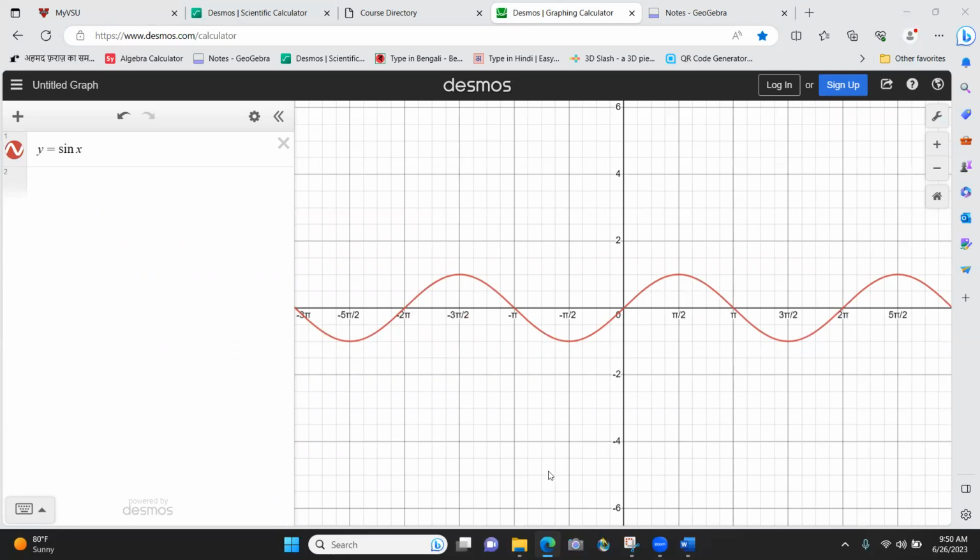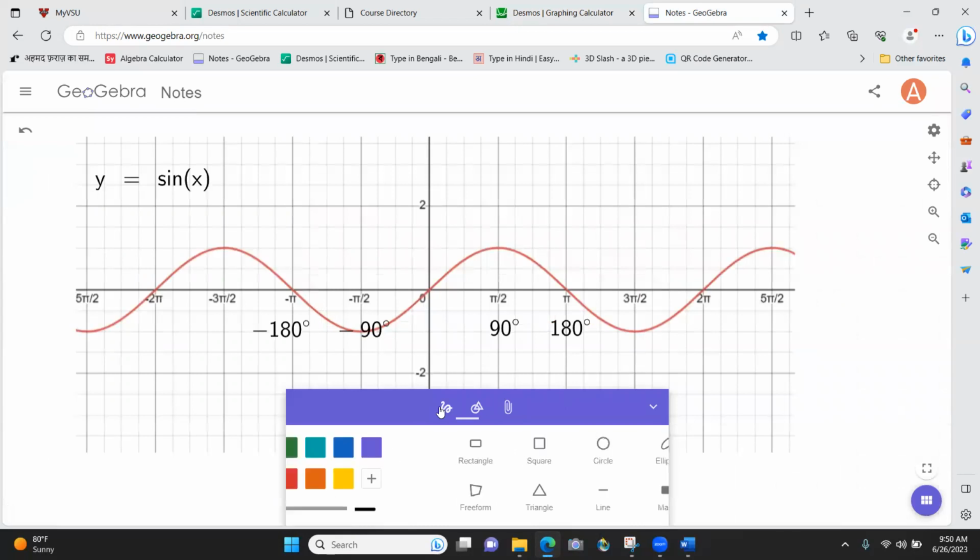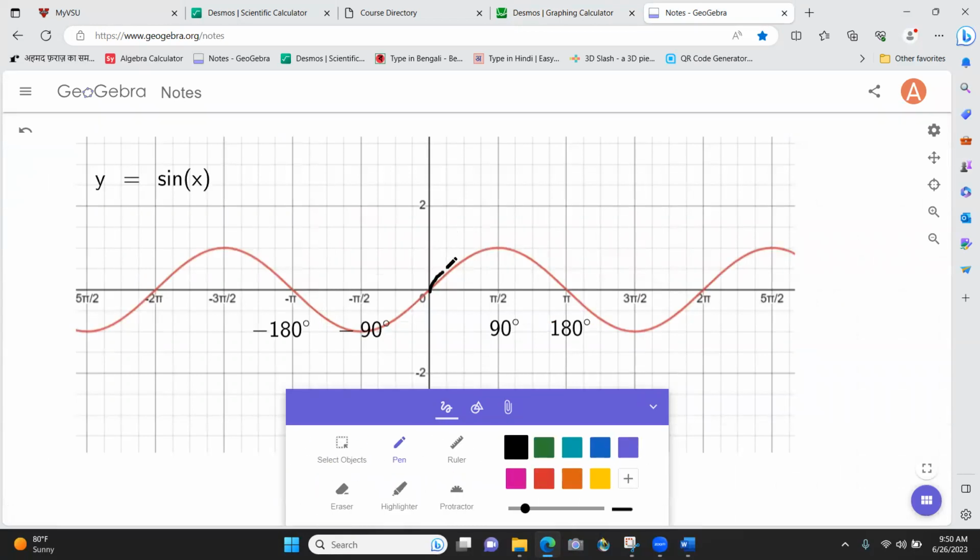And this part of the curve is very, very important, okay? Why? Because everything else is a copy of this. Everything else is a copy of this. So keep that in mind. And this concept that, remember, we said sine function is periodic and it has a period of 2 pi.